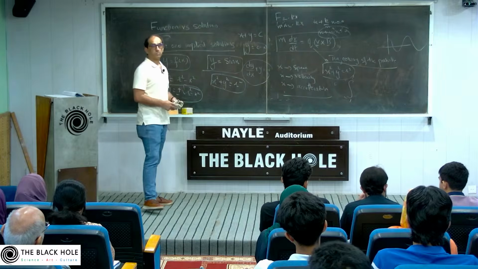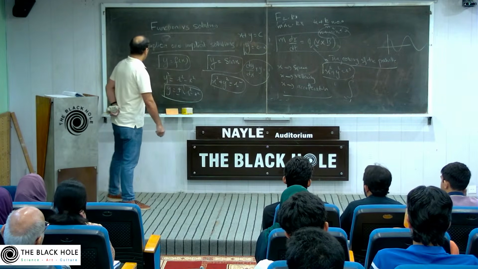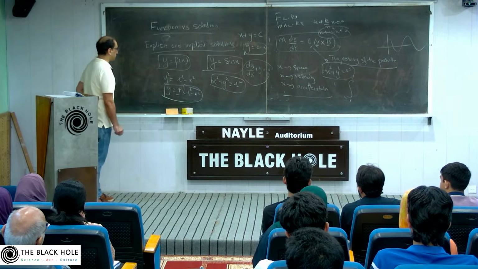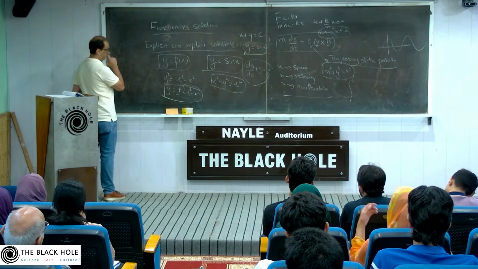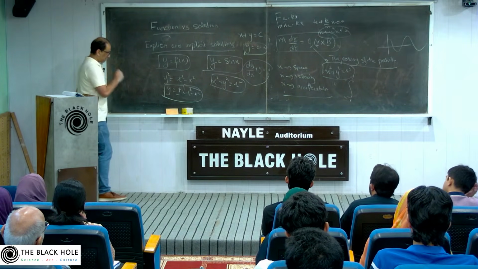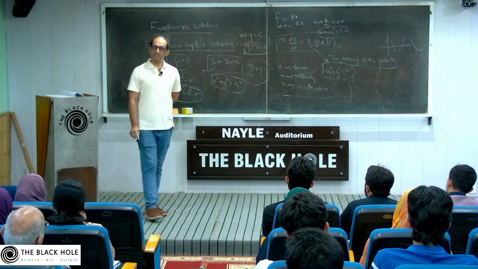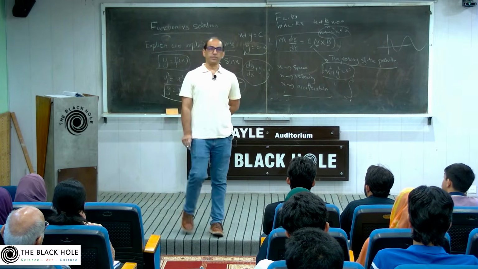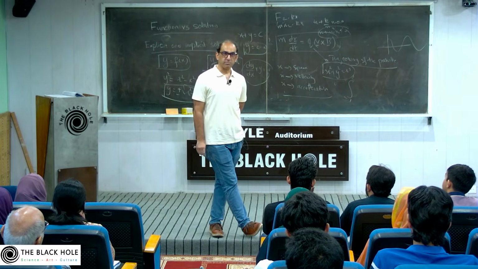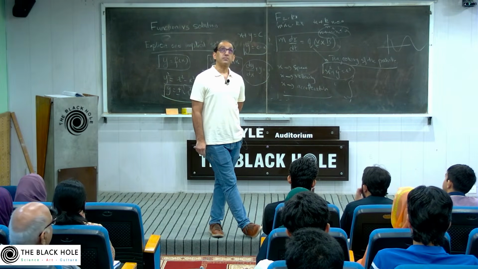Sir, is there an example of an implicit solution that you can't write in explicit form? Or is it always that if you have an implicit solution, you can find its explicit form? There can be all kinds of very tricky expressions. Mathematically speaking, you can, but whether it corresponds to a physical system, I can't think of any.